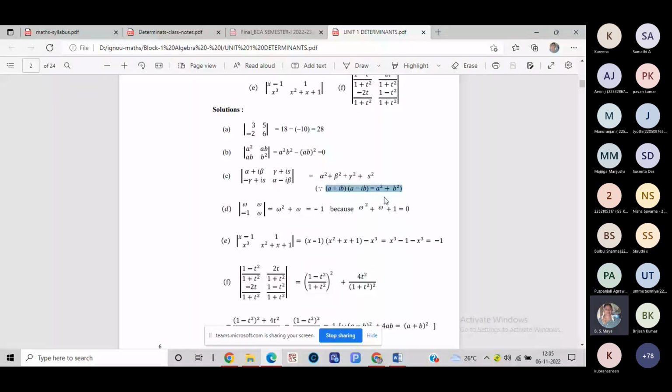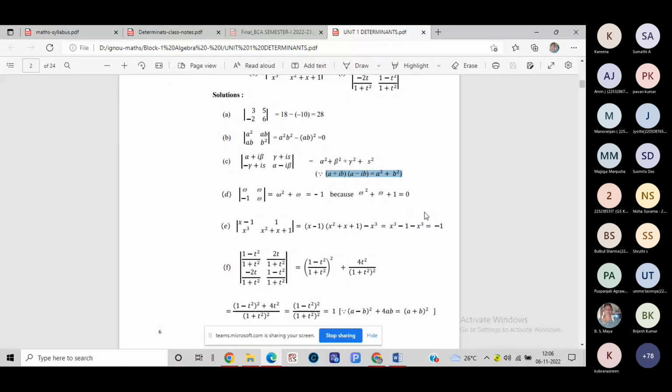Don't simply multiply. You will get it by simplification. You have to know a plus b whole square. What is the formula for a plus b whole square? A square plus b square plus 2ab. Then a minus b whole square is a square plus b square minus 2ab. We apply the formula to get the solution.